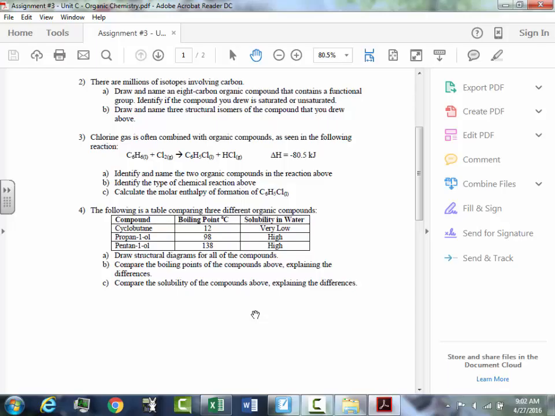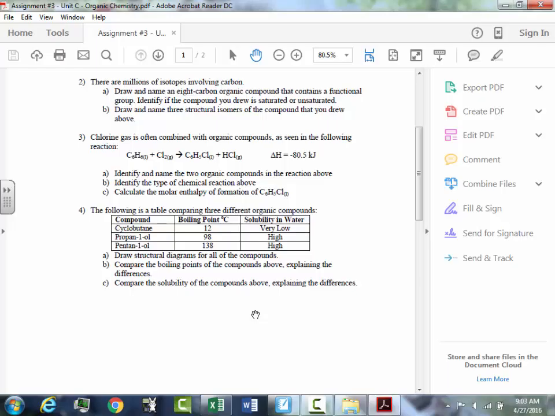Part C says compare the solubility. Why does cyclobutane have no solubility in water? Because it's not polar. And due to its non-polarness, it has no ability to dissolve in water because water's polar. Polar things will dissolve other polar things. Cyclobutane is not polar. It has nothing special about it to give it a pull on one side.